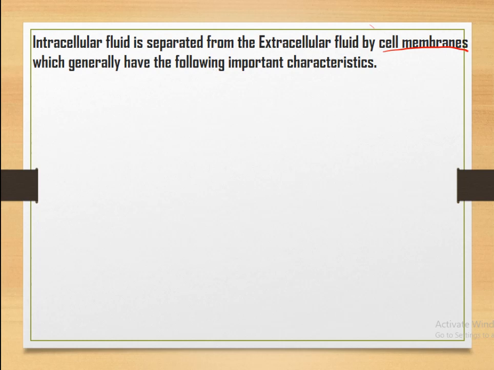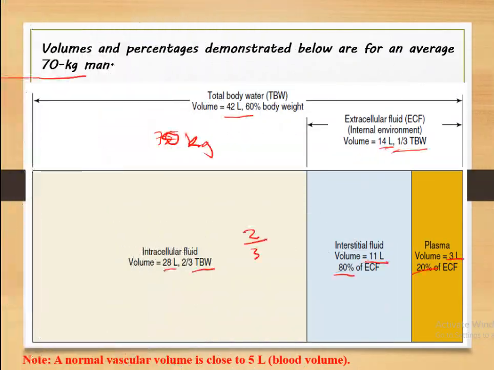Remember, intracellular fluid is found within the cell. Extracellular fluid is found outside the cell. When I go back to this, you find that there is this line here, which is simply the cell membrane, separating the intracellular fluid from the extracellular fluid.